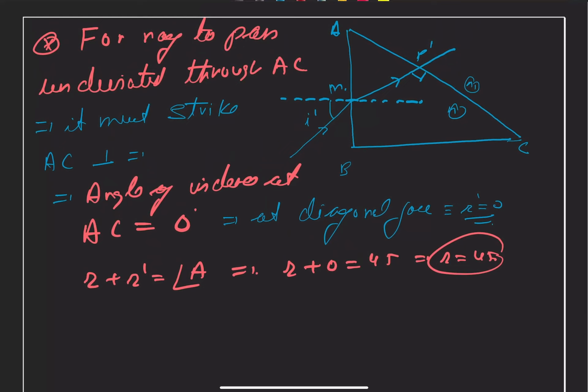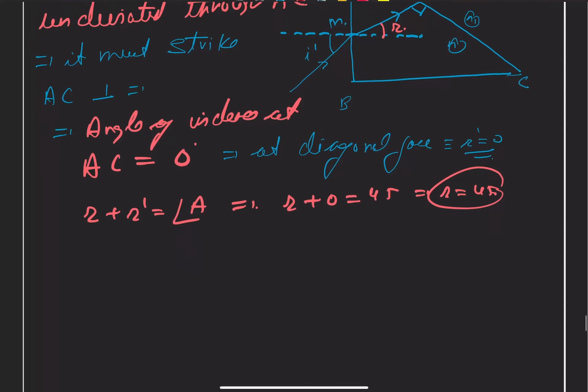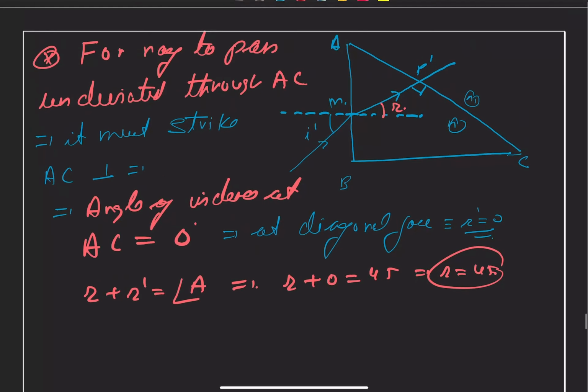So this angle is our R, because we simply know that the exterior angle of a triangle is equal to the sum of the opposite two angles. Simply we can just solve it in that way also. So this is 45, and obviously we are going to get this angle also 45.